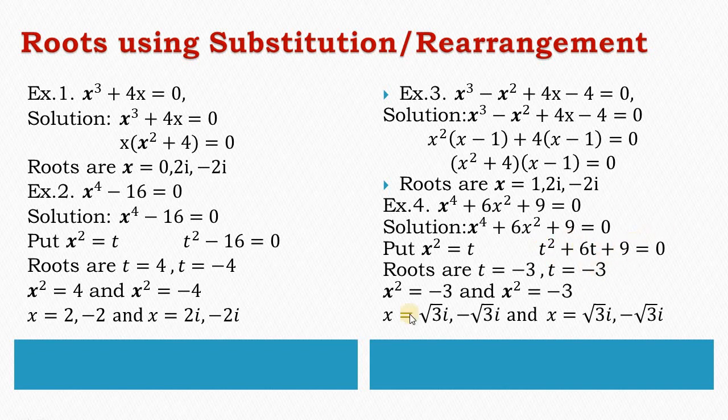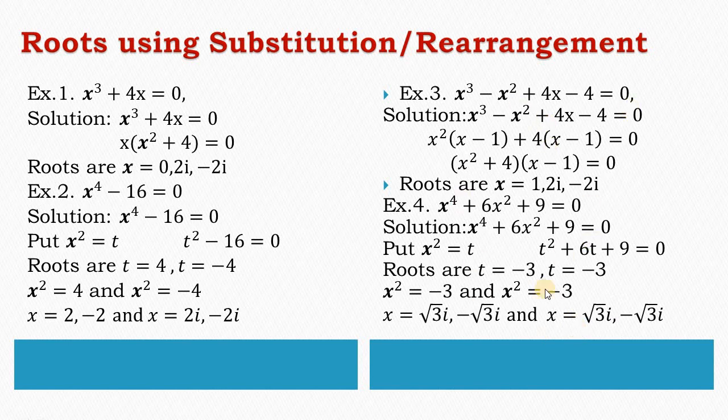So here the roots are minus 3, repeated. But t is x square, so x square is minus 3, means x square plus 3 is 0. And again, the roots are root 3i and minus root 3i, and they are also repeated.